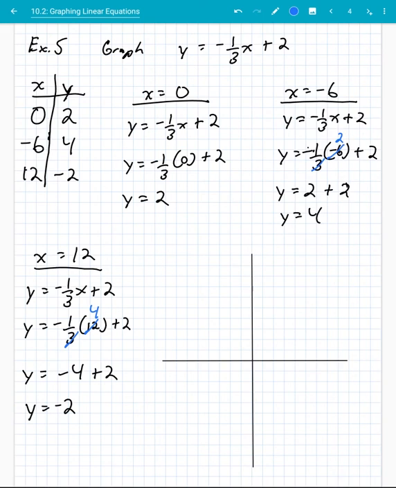We're gonna assume all these little intersections right here are gonna be 1. I'm not gonna draw the little tick marks because I have the graphing paper to do it for me. 0, 2 is right here. -6, 1, 2, 3, 4, 5, 6, and then up 4, 1, 2, 3, 4. It'll be right here. And then 12, -2.